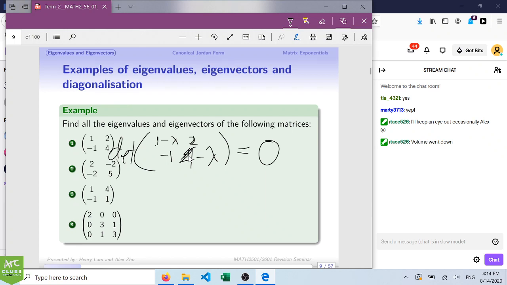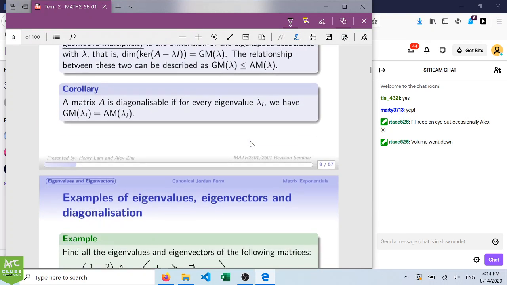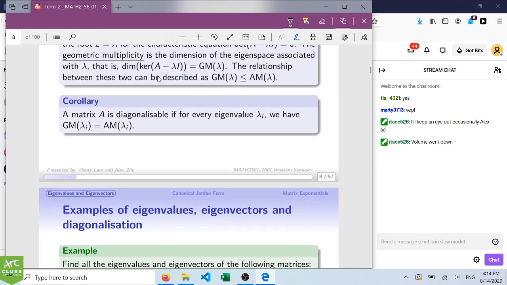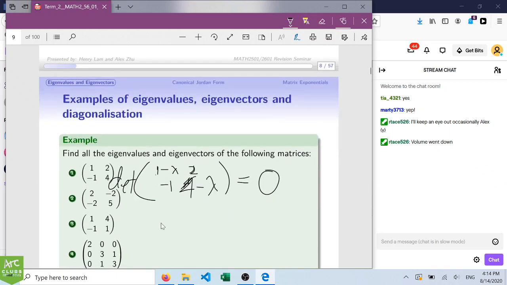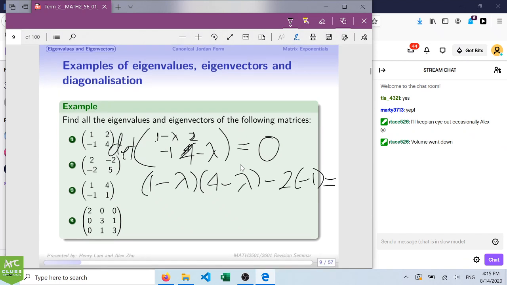Setting this equal to 0 essentially solves for the kernel of A minus lambda I, in the sense that we're only solving for the lambda values. Computing this is pretty straightforward. You just take the determinant formula, ad minus bc, set that equal to 0, and solve for lambda. Each of these questions is essentially the same thing: compute the determinant and then solve for lambda.